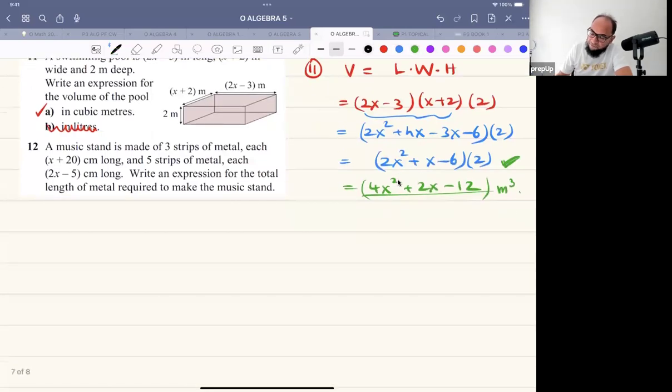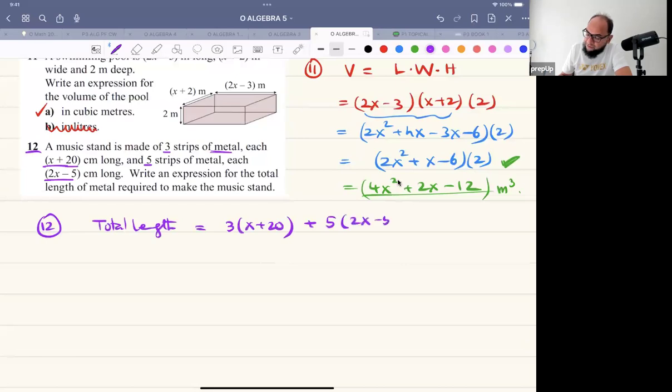Question number 12. Now the question says, a music stand is made up of 3 strips of metal, each with this much length, and 5 strips of metal, each with this much length. Write an expression for the total length. Very easy. So in 12, the total length equals 3 into x plus 20, and then 5 into 2x minus 5.